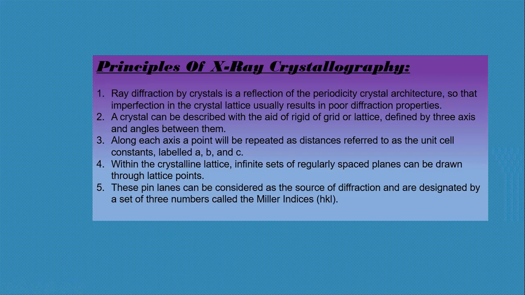Along each axis a point will be repeated at distances referred to as the unit cell constants, labeled a, b, c. Within the crystalline lattice, infinite sets of regularly spaced planes can be drawn through lattice points. And the last one is that these planes can be considered as a source of diffraction and are designated by a set of three numbers known as Miller indices.